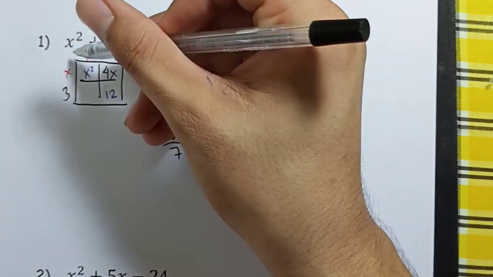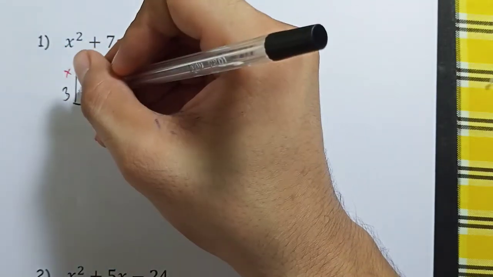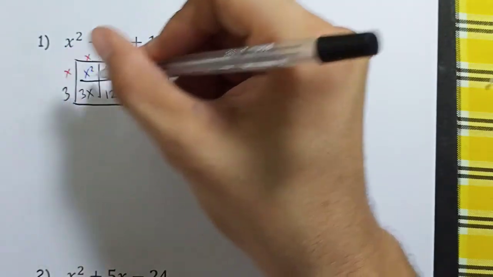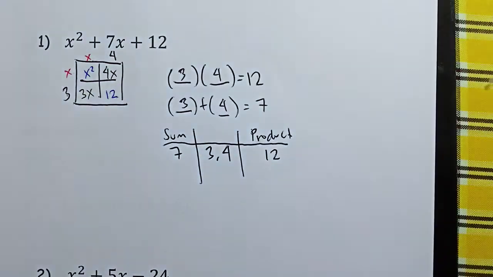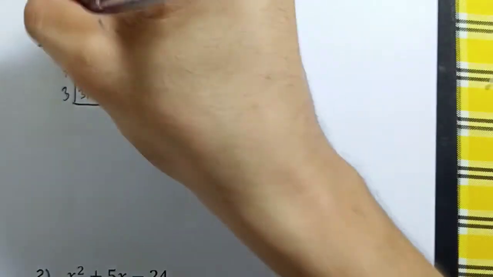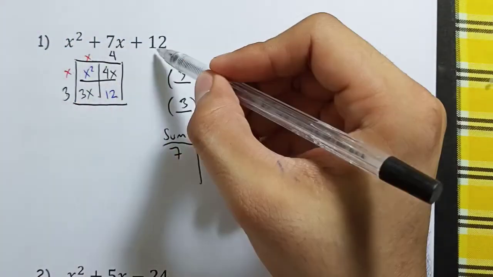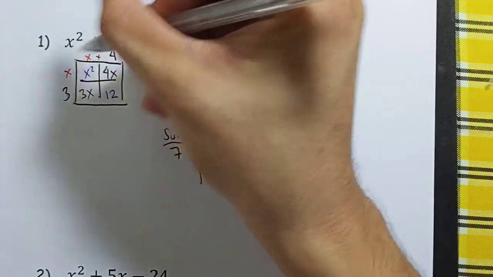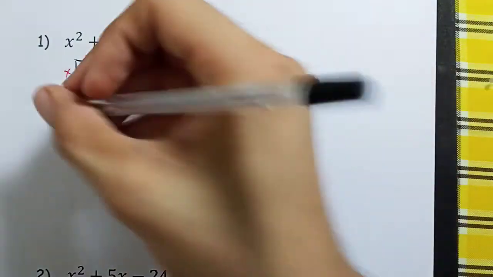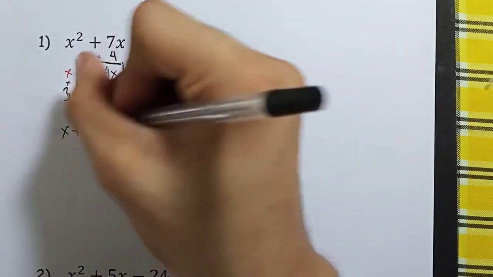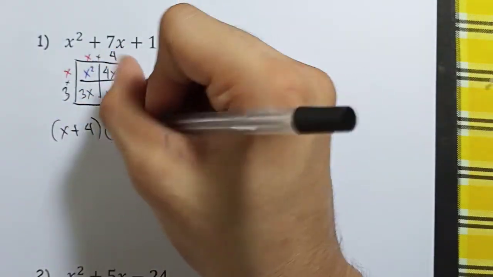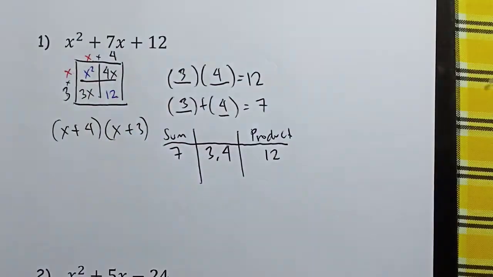Then, 3 times x is 3x. Tapos, 3 times 4, ito yon, 12. So, ayan na siya. Then, addition, kaya plus. Anong factor niya? E di ito, x plus 4 times x plus 3.